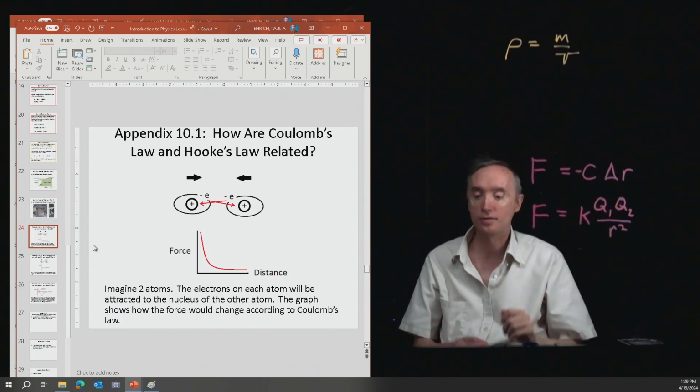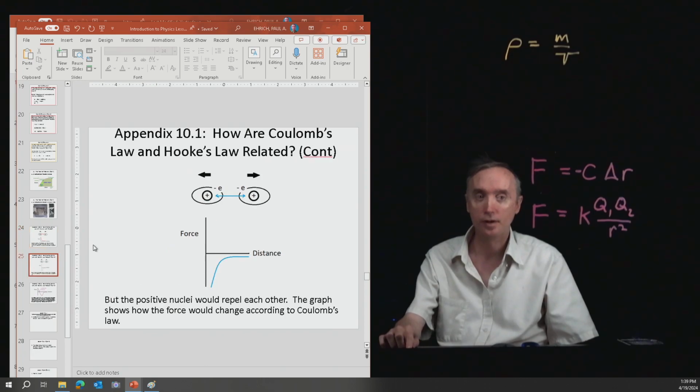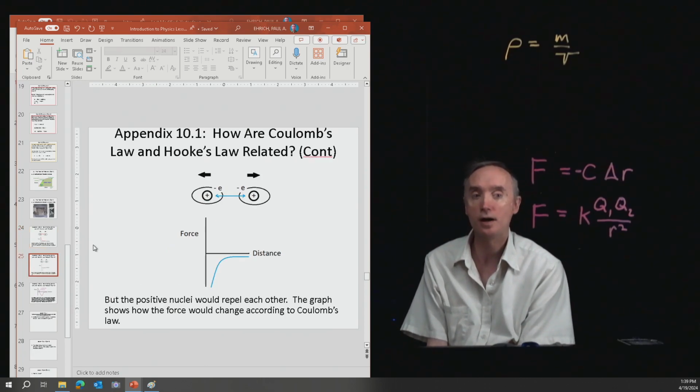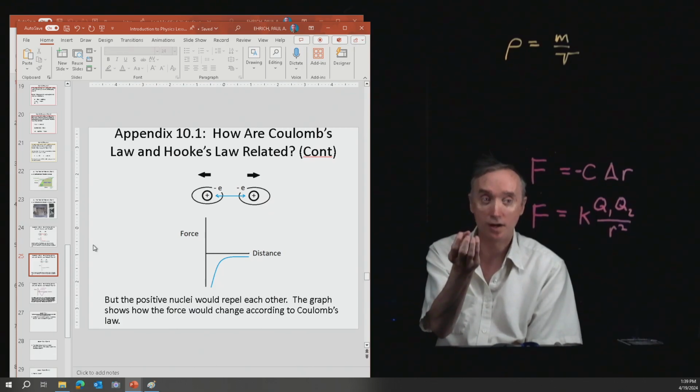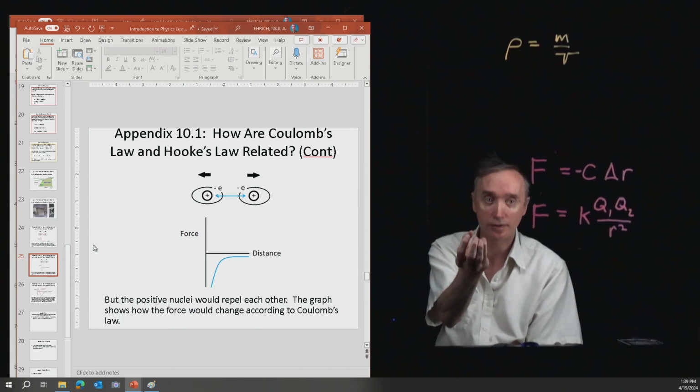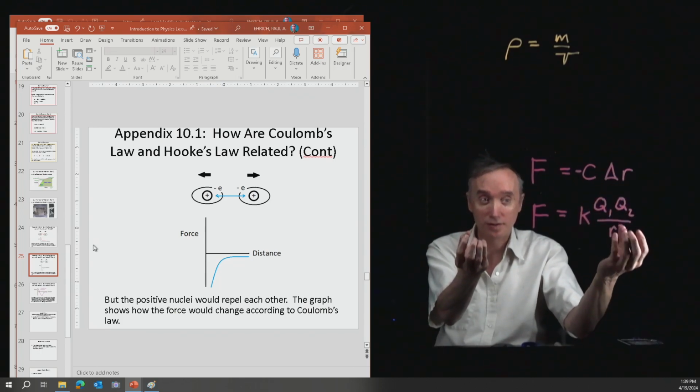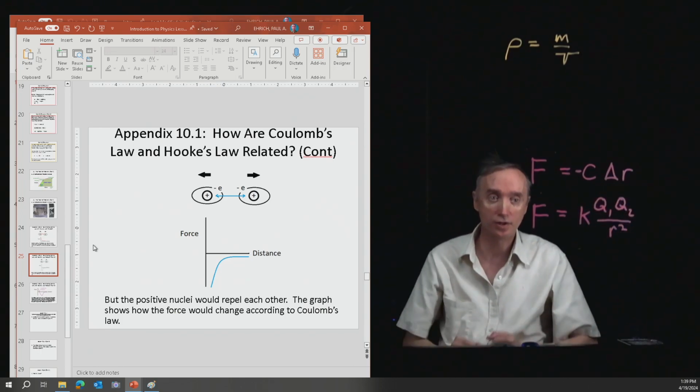But that's not the whole story, because the positive nuclei would repel each other. The protons in the nucleus of this atom are going to be seeing the protons in the nucleus of this atom, and they don't like each other.